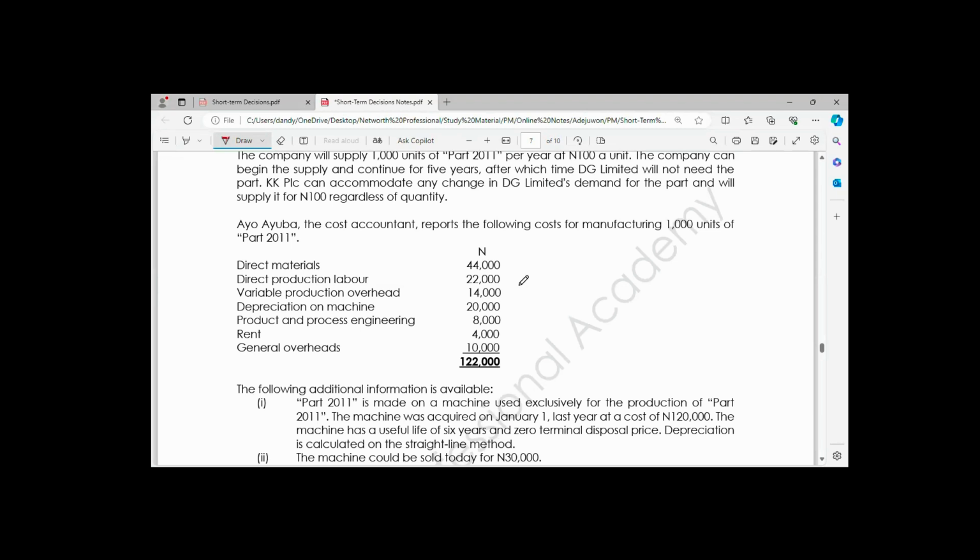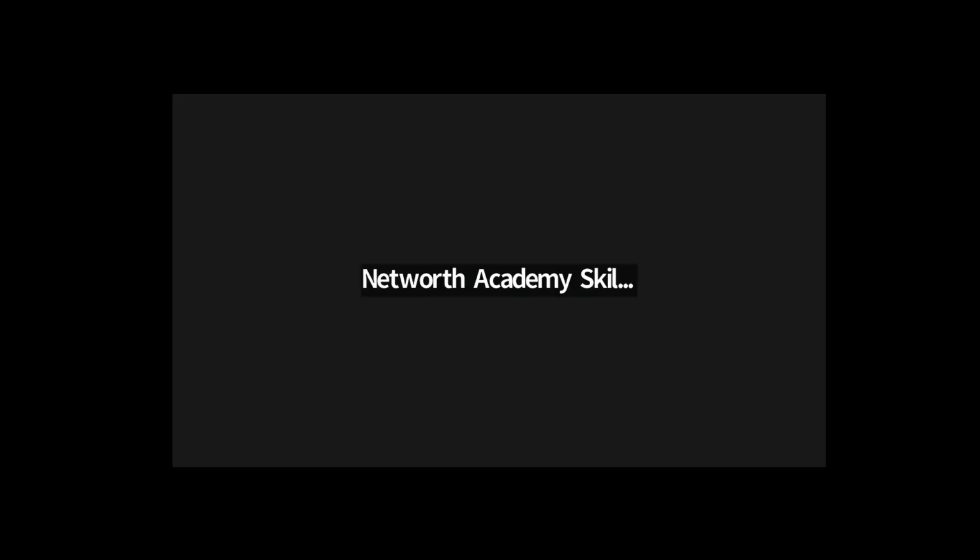So the present value of outsourcing is compared with the present value of internal production. Whichever has a lower present value of cost will represent the option that the company will take. So if that is the case, let's go ahead and solve this question. I will stop sharing the question so that I can move to the working notes.